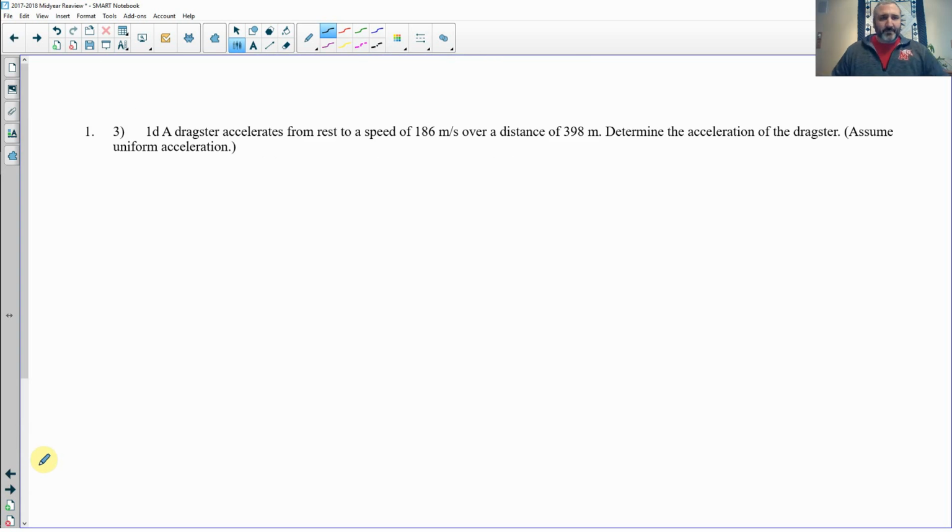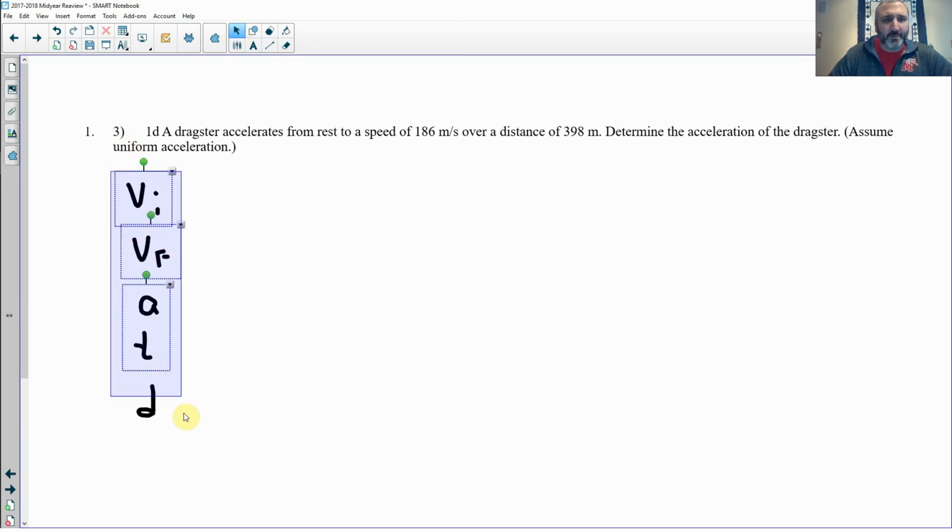Next question. A dragster accelerates from rest to a speed of 186 meters per second over a distance of 398 meters. Again, VI, VF, A, T, D. In fact, I'm just going to be intelligent and copy this for the rest of the video.